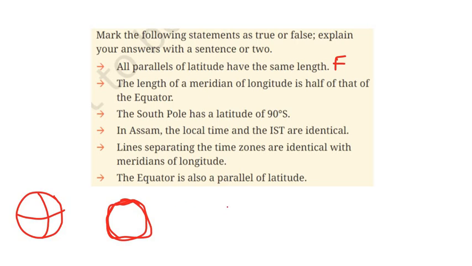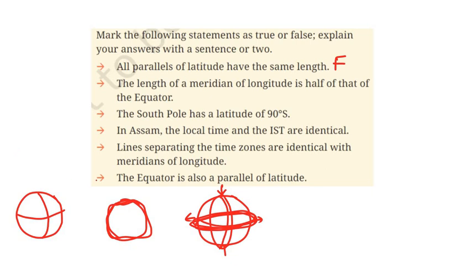So the shape is not very spherical, but it is somewhat dipped on this side and somewhat protruding on this side. So this means that the length over here will be more compared to the length over here. So the length of the meridian of longitude, that means here the entire length, will be smaller compared to the length at the equator, since it is bulged out near the equator.